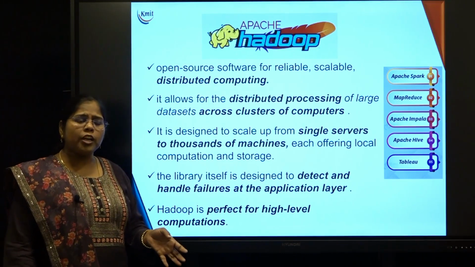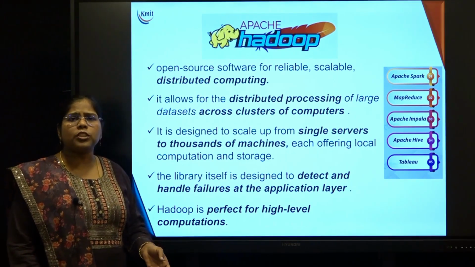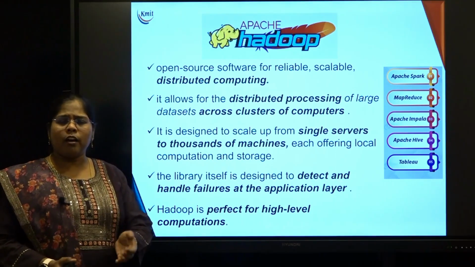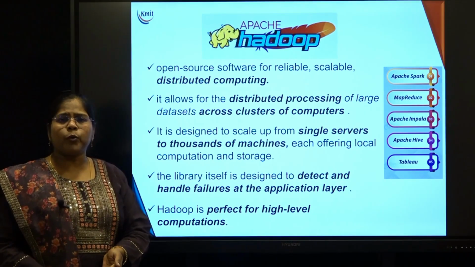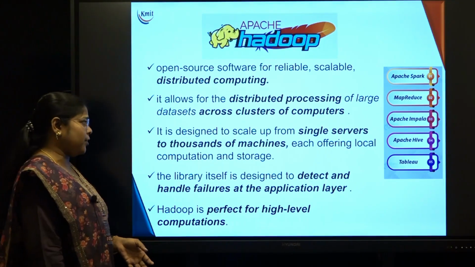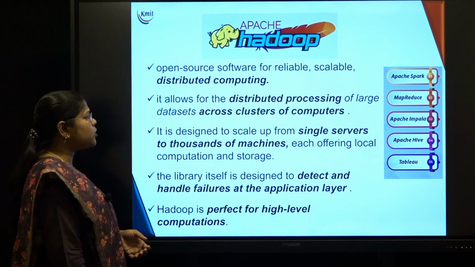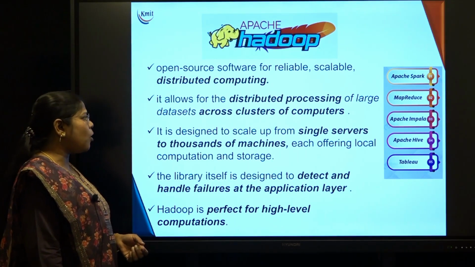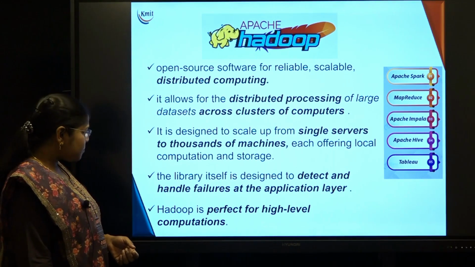Whenever we have large big data, we store some data in one computer and other data in another computer, and parallelly we process through accessing the cluster. It is also designed to scale up from single servers to thousands of machines.